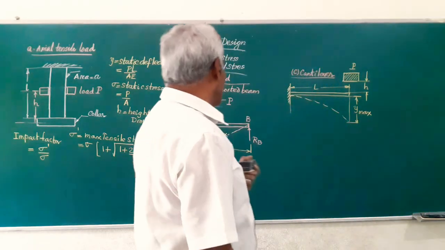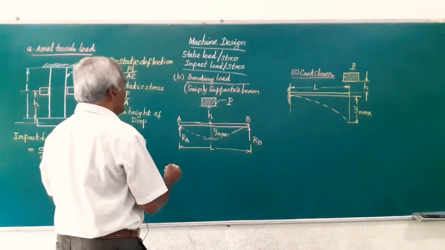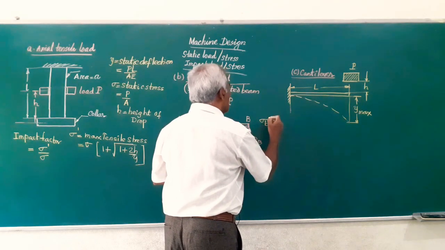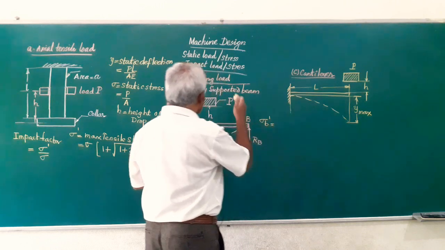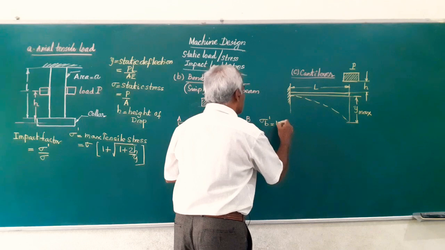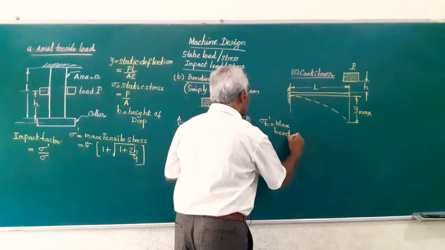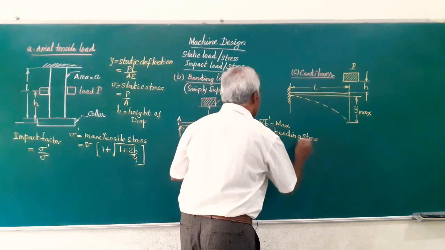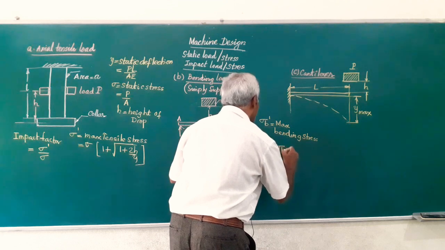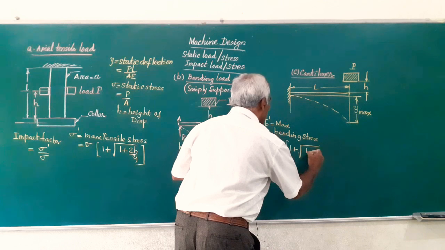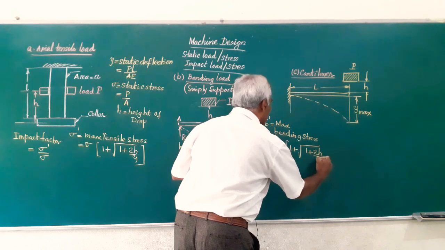Friends, here similar to our case of axial tensile load, we have a separate formula to find the impact stress or the maximum stress in the member, and that is given by sigma B, because the stress caused here is the bending stress due to this load. So sigma B dash is the maximum bending stress due to impact, that is equal to sigma B multiplied by 1 plus square root of 1 plus 2h by y.